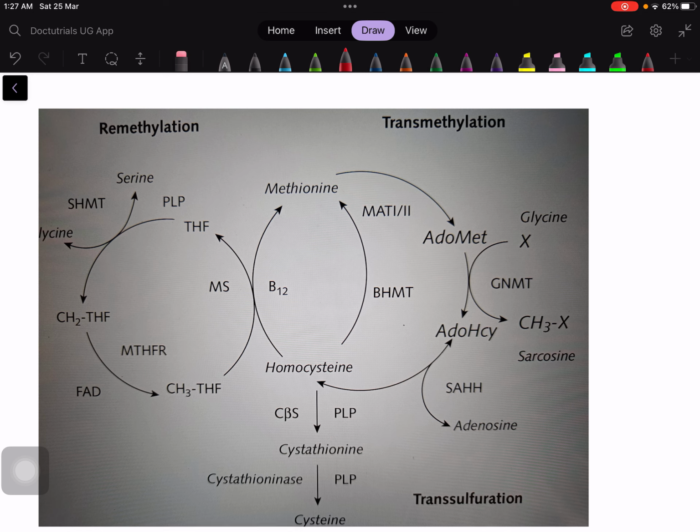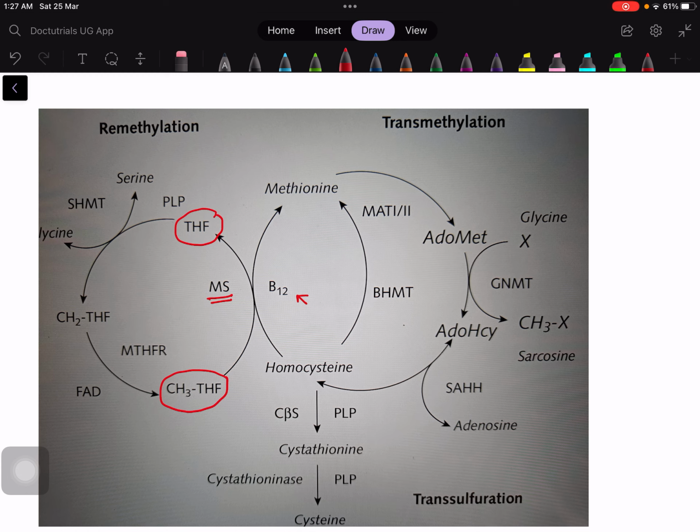What happens is that this methyl tetrahydrofolate I told you about is converted into tetrahydrofolate. The enzyme acting here is methionine synthase, which requires B12. The methyl tetrahydrofolate doesn't have any other action.